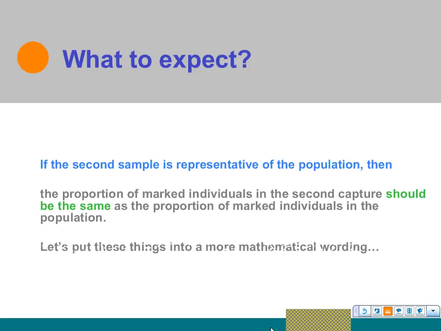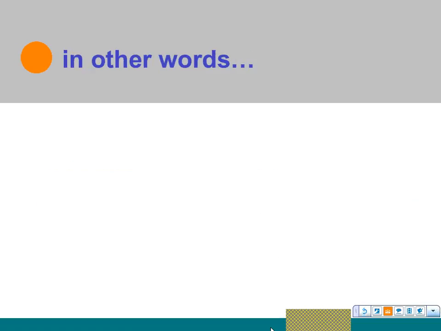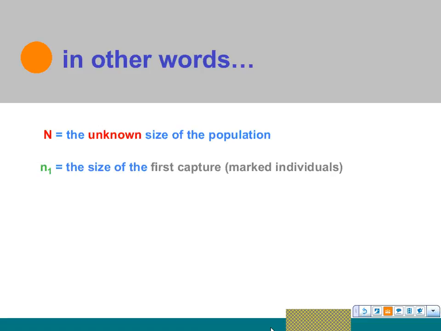Okay? So just to make it easy, let's do it in a more mathematical way. We have capital N, which is the unknown size of the population. We don't know how many individuals we have in our population. N1 is the size of the first capture, the individuals that we're going to mark.